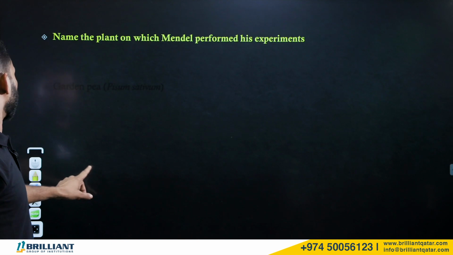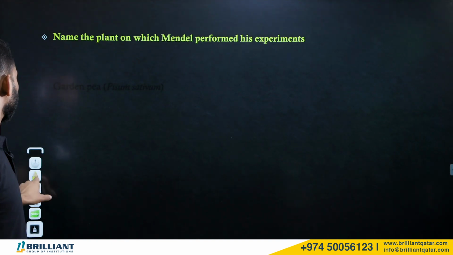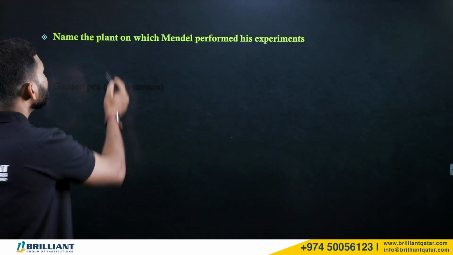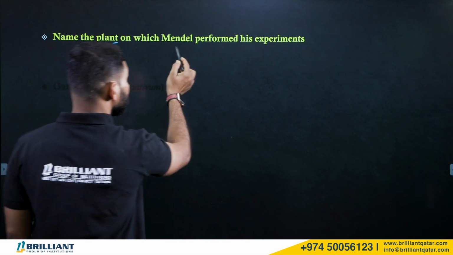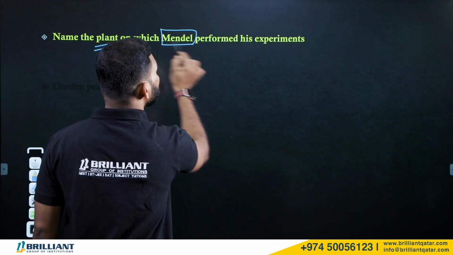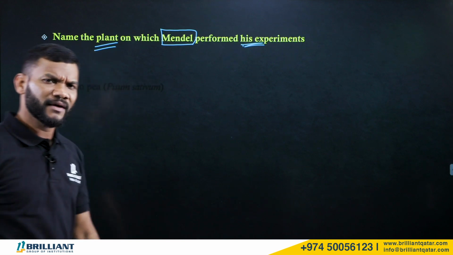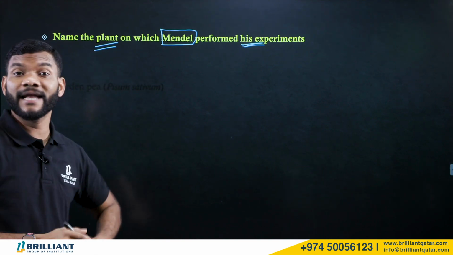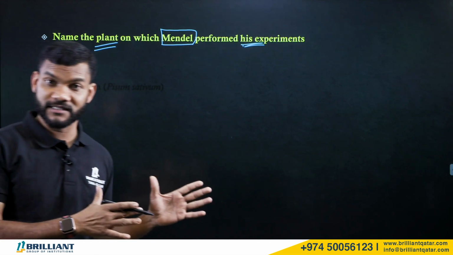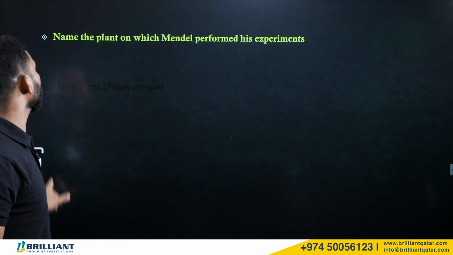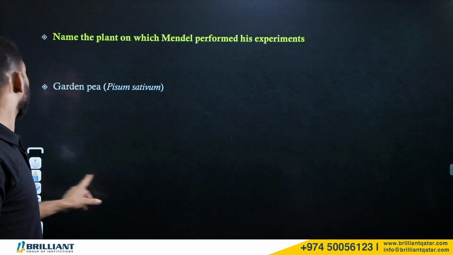Yes. Here, look at the question. Name the plant on which Mendel performed his experiment. Because we have studied that there is a particular plant on which Mendel performed his experiment, right? What is the name of the plant? That is what we have discussed, garden pea.